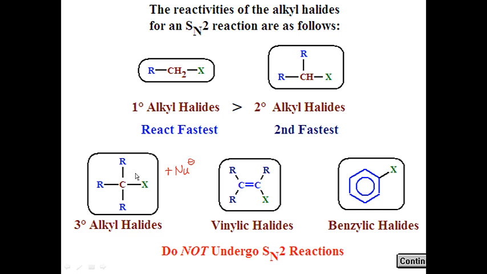When they reacted tertiary halides, their rate equation changed, and now the rate was equal to the rate constant times the concentration of the alkyl halide to the first power and the concentration of the nucleophile to the 0 power. And you know that anything to the 0 power is 1.